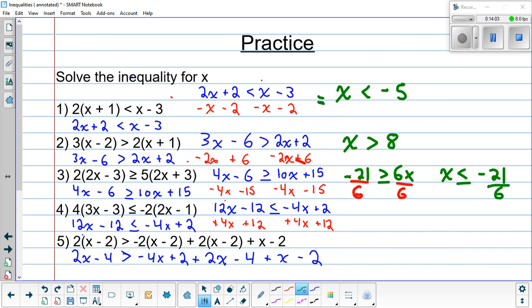Well, 12x and 4x is 16x. And then we have less than or equal to 14. So once again, we're going to divide both sides by 16. And we'll get x is less than or equal to 14 over 16. You could also see that as 2 1/3 or 2.3 recurring, right? But completely fine to leave them as fractions for the time being.